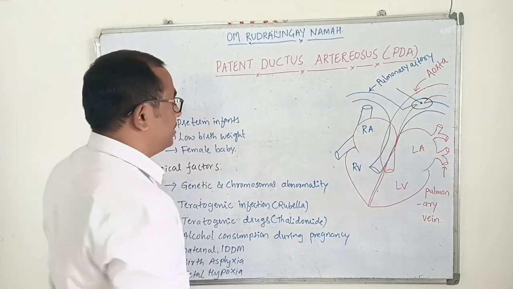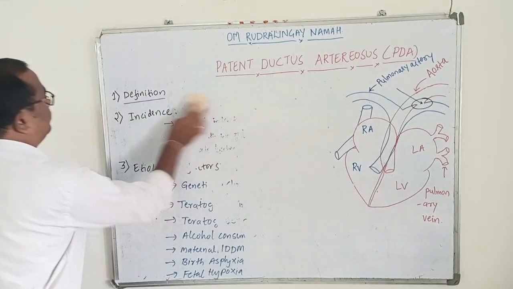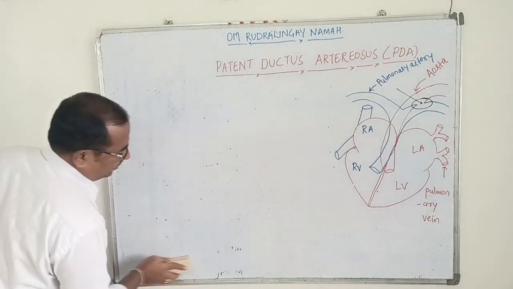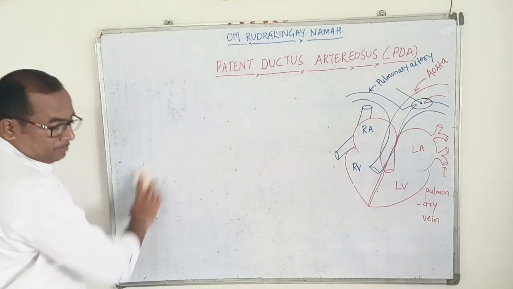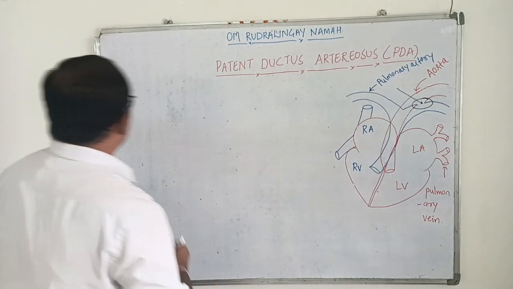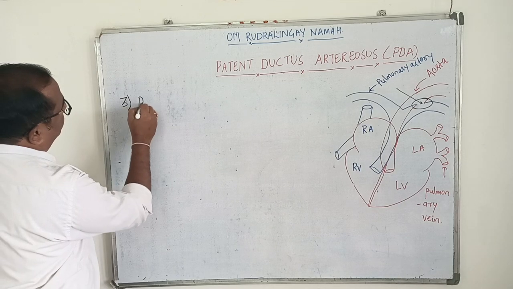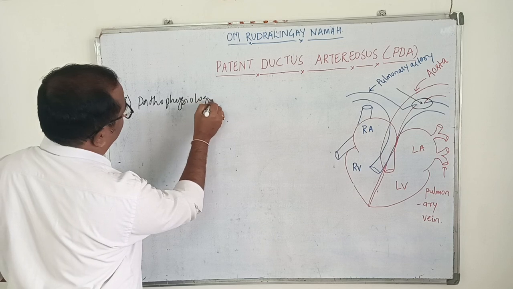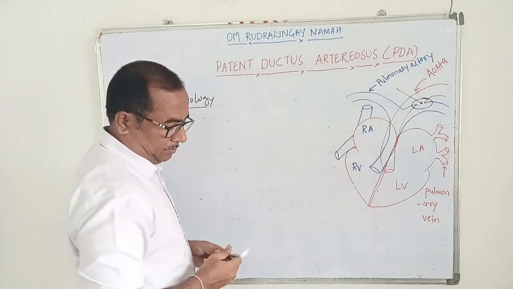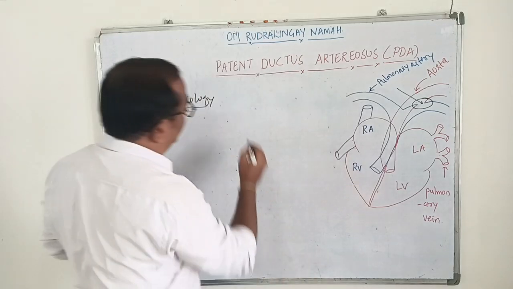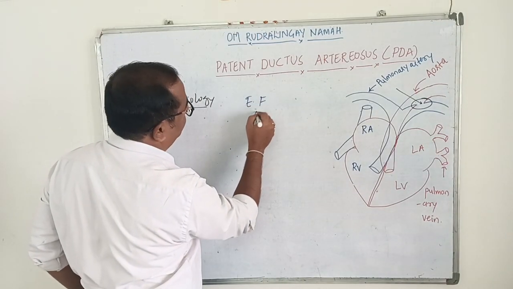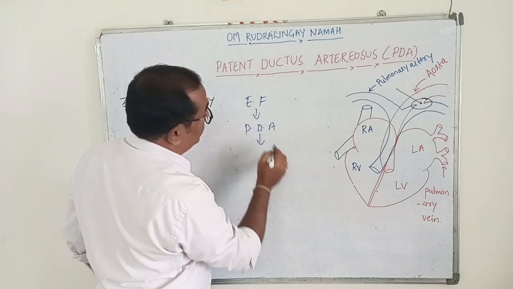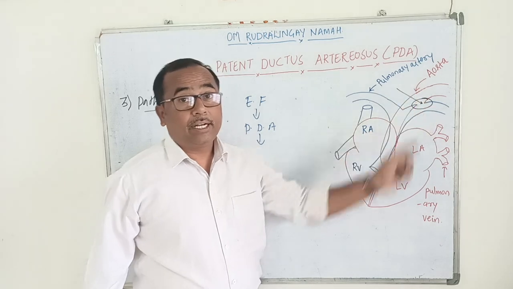Now let us see the pathophysiology. Due to any of the etiological factors, the baby develops a patent ductus arteriosus, that is, an abnormal opening or communication between the aorta and pulmonary artery.